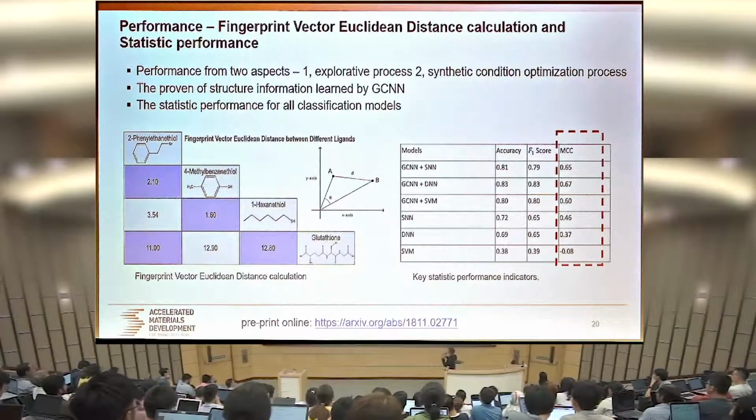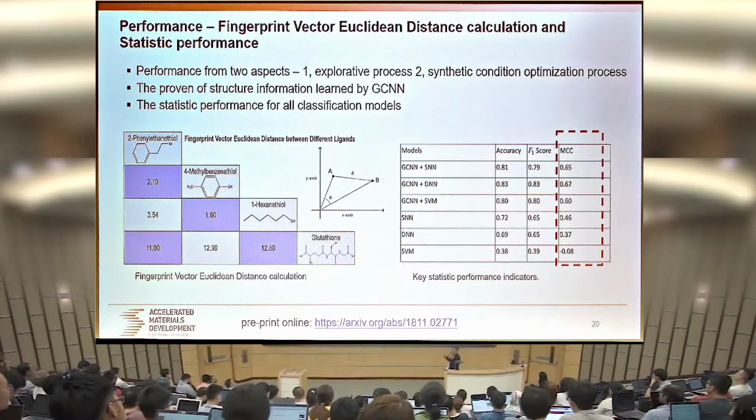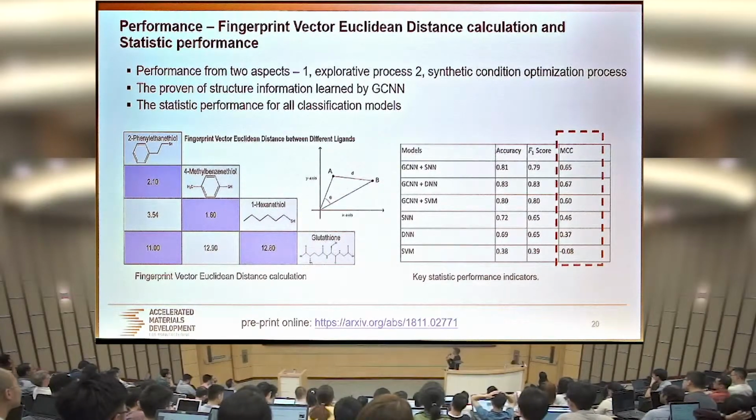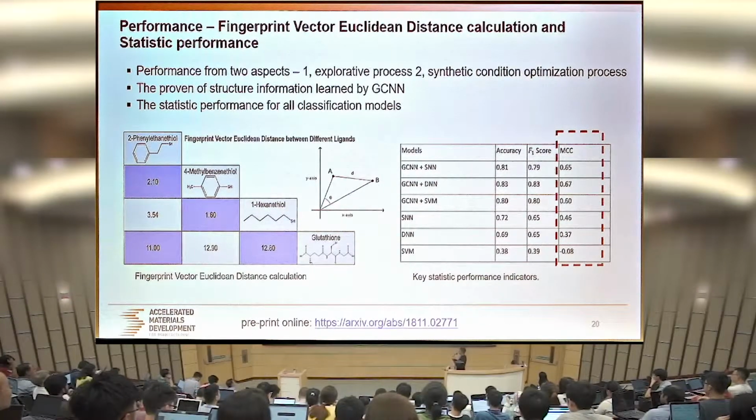To assess the performance, we have assessed it from 2 aspects. The first aspect is the explorative process, and the second one is the synthetic condition optimization process. Firstly, let me prove that the structure information of the molecules has been learned by the GCNN. We do this by calculating the Euclidean distance of different ligands. The Euclidean distance of 2 vectors, like vector A and B, will be D here.